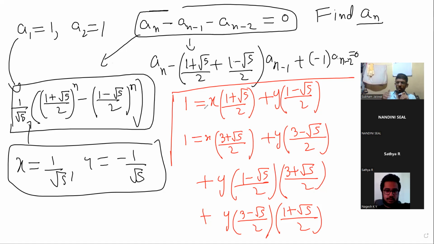The Fibonacci sequence is more complicated than the geometric progression and the arithmetic progression. It's a difference of 2 geometric progressions.